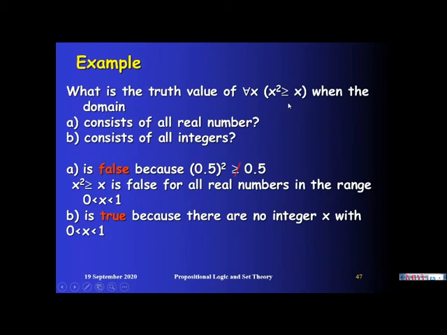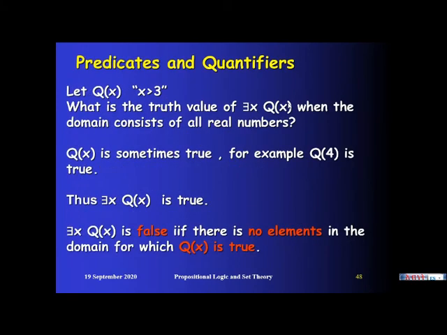Okay, there are some additional examples, so look and understand them. Take q of x: x greater than 3, with the domain being the real numbers. What is the truth value of there exists x such that q of x?